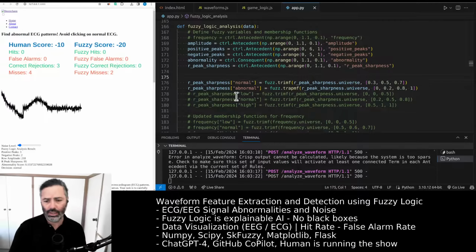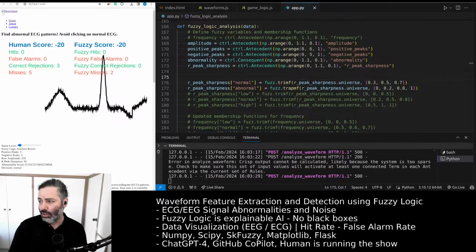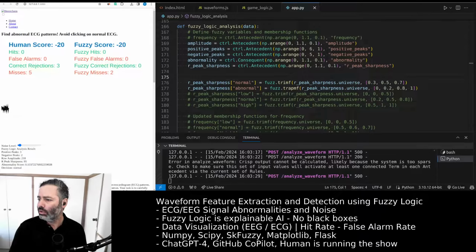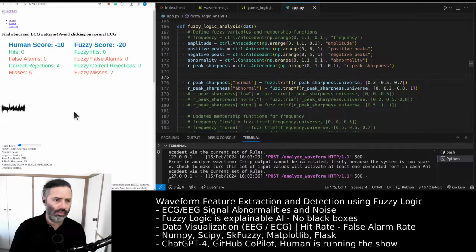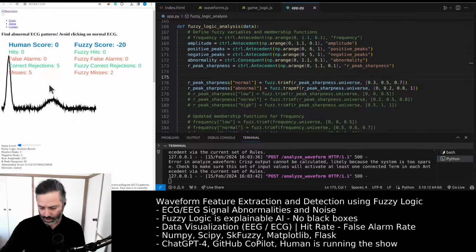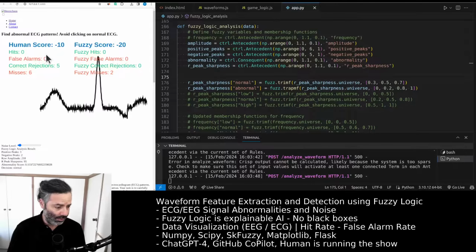Just a quick overview of what we are trying to do. There is this fuzzy logic tool application. There is already a similar example running on the website.